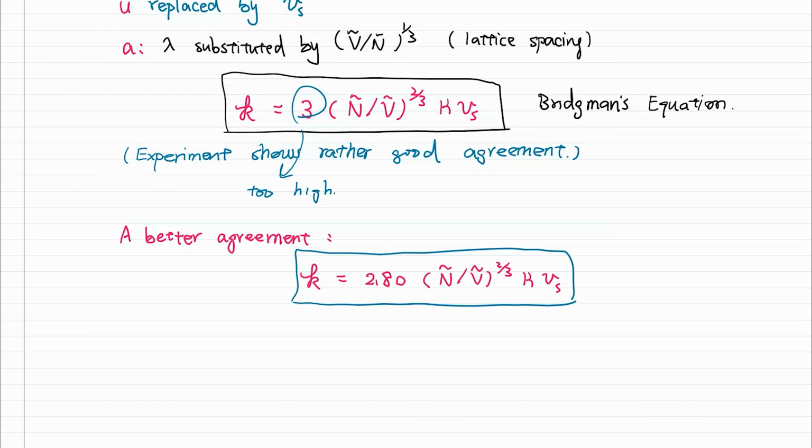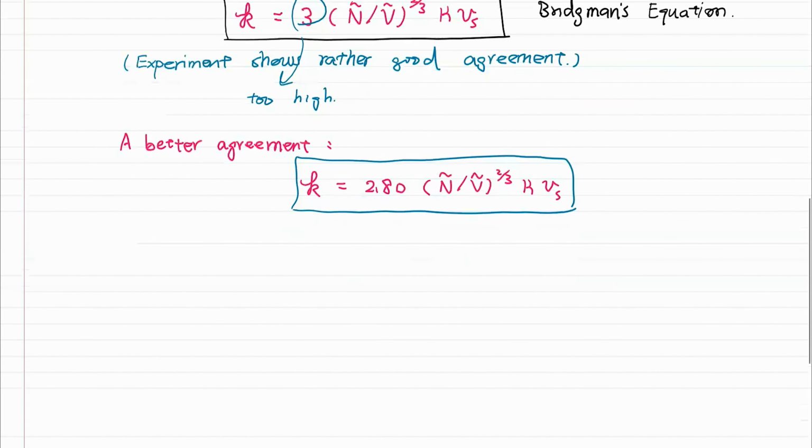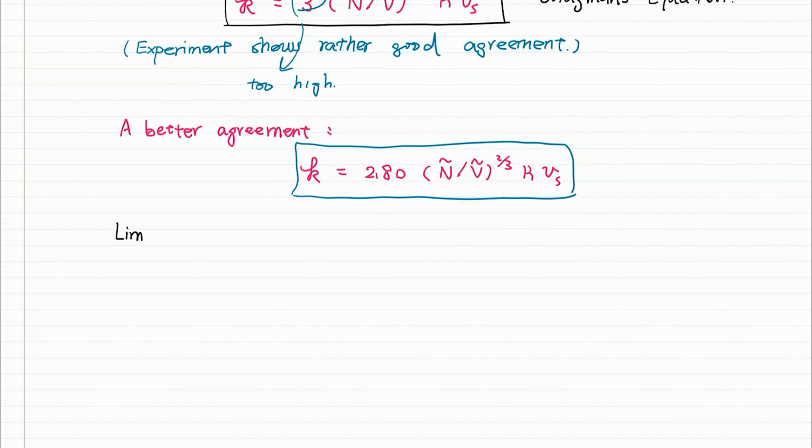So there is actually a limitation for this equation. It's limited to densities well above the critical density.